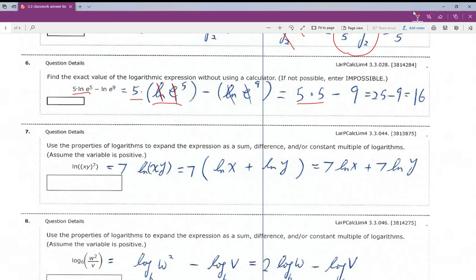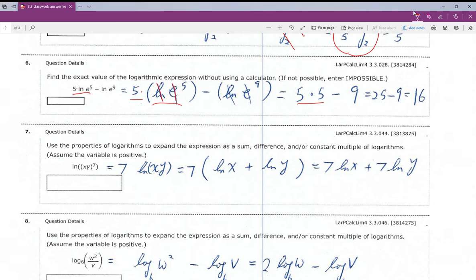Okay, now starting from number 7, what is the question type? How do we simplify, or do we want to evaluate or anything? I would like you to pay attention to the type of the question. Use the property to expand the expression. So for all the questions after number 7, there will be 2 types.